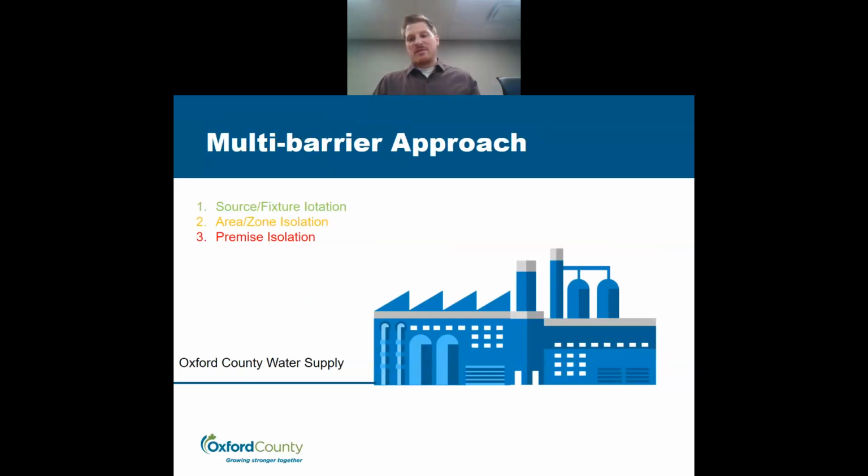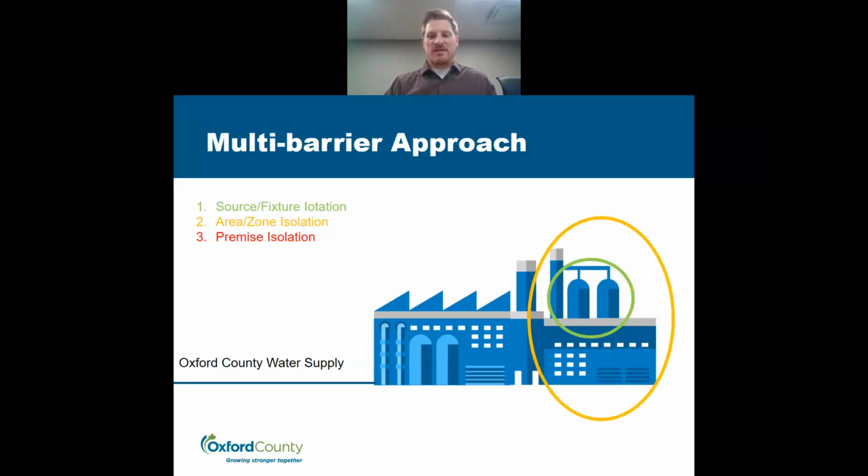Many property owners will use a multi-barrier approach to protect their water distribution system. First, they could use fixture isolation on something such as cooling tanks to ensure that in the case of a backflow event, non-potable water would not be drawn from the cooling tanks into the rest of the facility.